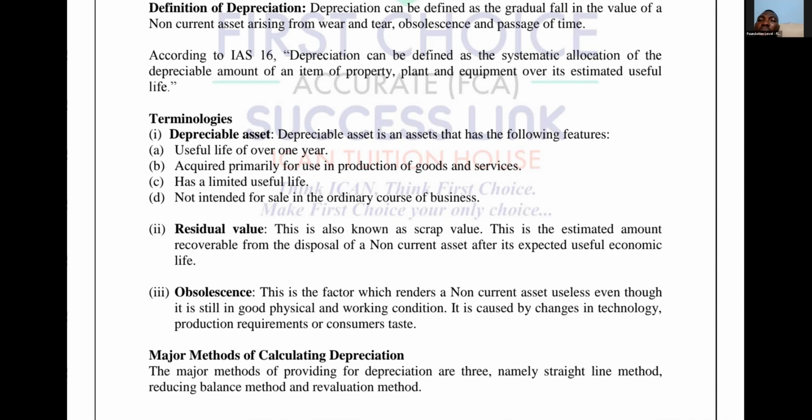Okay. Now, obsolescence. Obsolescence is actually talking about the factor that renders a non-current asset useless, even though it is in good physical and working condition. Obsolescence simply means that the asset is actually in good condition but cannot be used, due to the passage of time.